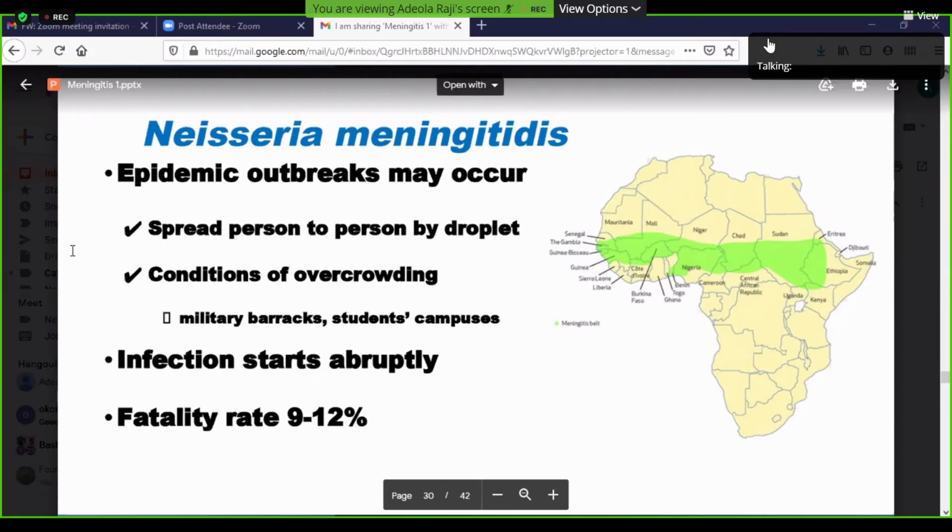So they can pass it on to other non-colonized individuals. Conditions that can lead to overcrowding include being in military barracks, being on campuses when we talk about students, where we have shared facilities and things like that. Infection starts acutely, and with little intervention, fatality rate is as high as 9 to 12%.